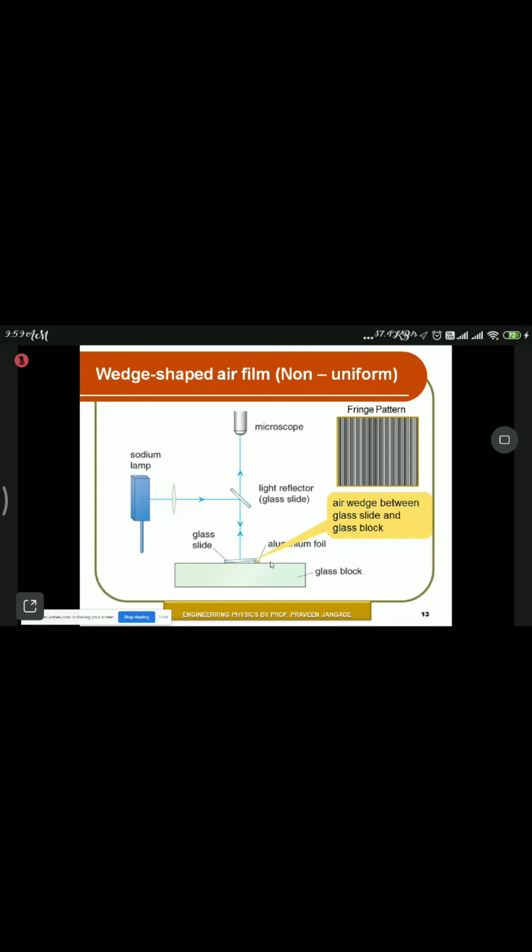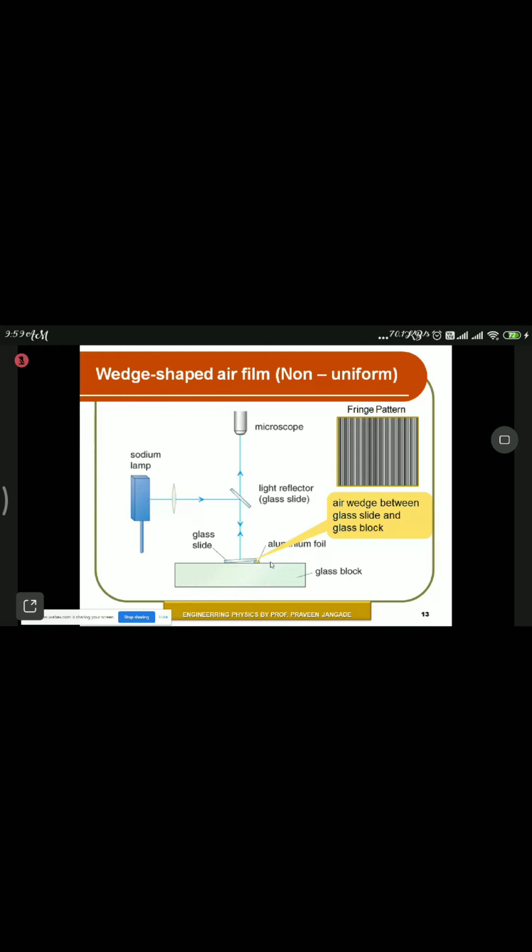A thick film has a range between 10 micrometer to 50 micrometer, and such a film can be used as a spacer while studying non-uniform film thickness.